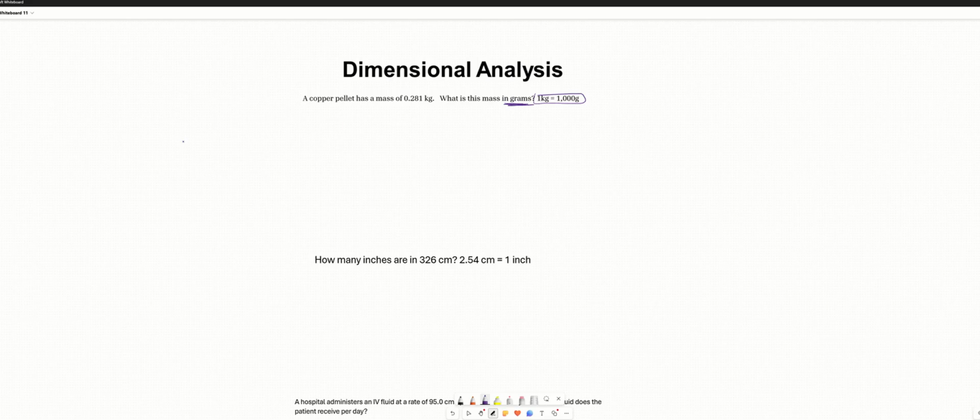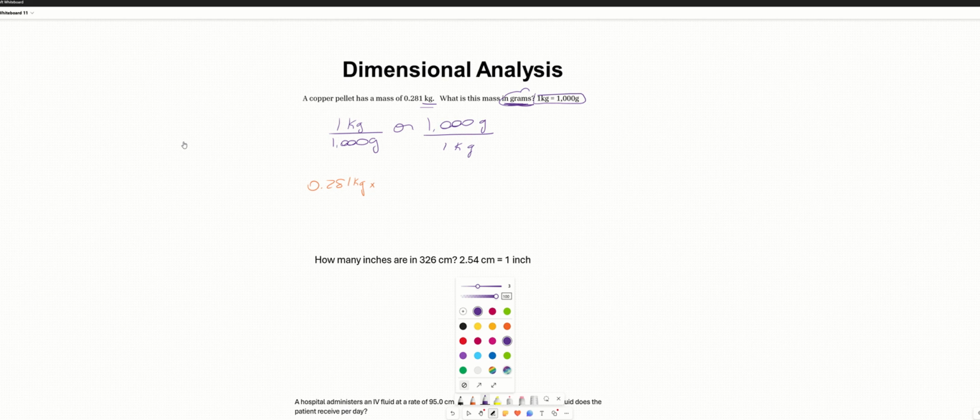I could use 1 kilogram per 1000 grams, or I can use 1000 grams per 1 kilogram. So if we start with my value, 0.281 kilogram, now I'm going to use my unit factor.